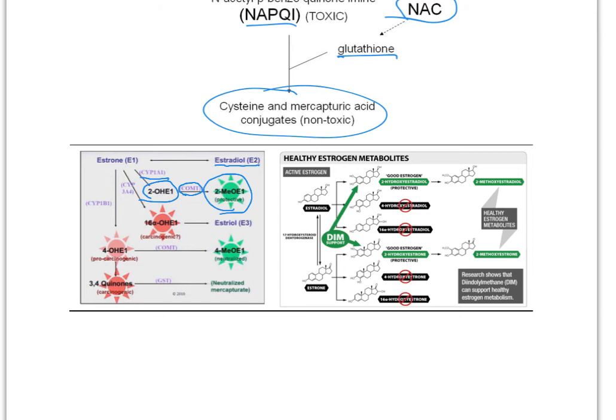Unfortunately, if the same estrone goes through CYP3A4, it becomes 16-alpha-hydroxyestrone, and we think that might be carcinogenic. Most people, though, can convert it directly into estriol, which is non-toxic, so that one's not too much of a problem.